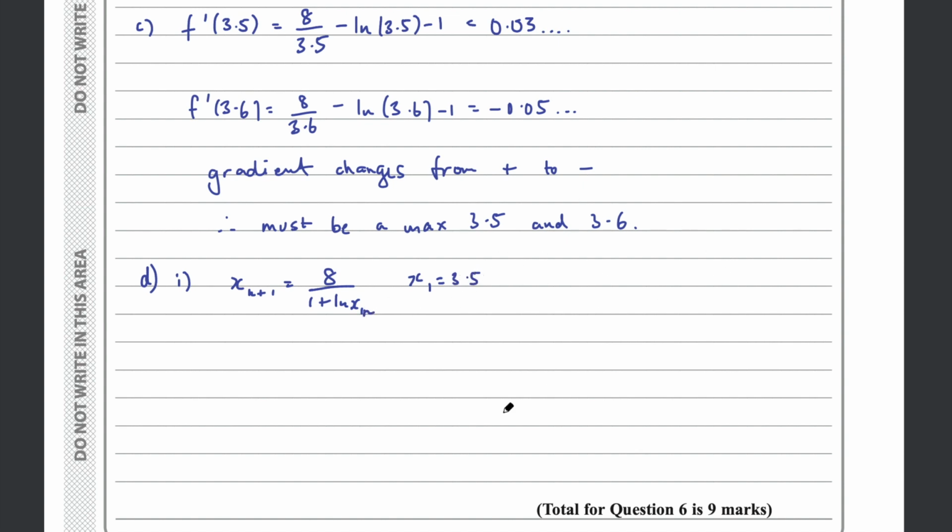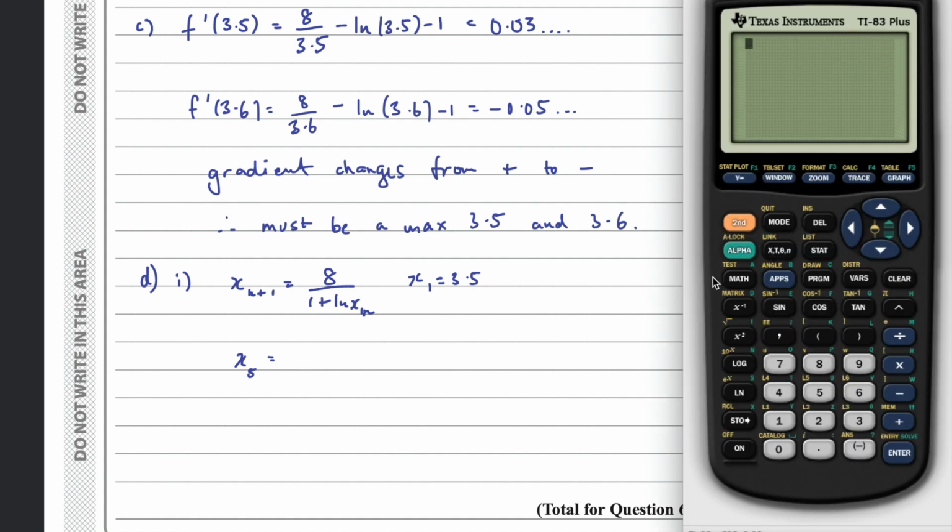Okay, so we could just do all of this on a calculator until we get to x sub 5. I don't think we really need to write down all of our answers. So I might just clear this. Let's firstly put in x sub 1. So we'll have 8 divided by 1 plus the log of 3.5. And we get 3.5511. Then do it again. And actually, if you have this entry button on your calculator, you can get that same formula without having to type it out again, and then just input answer.